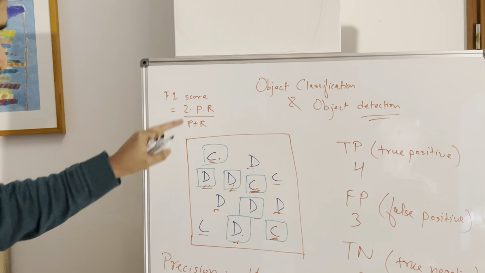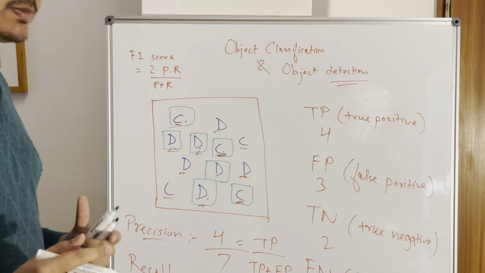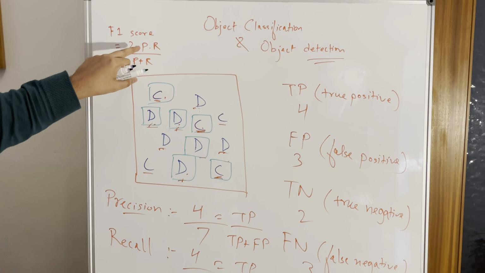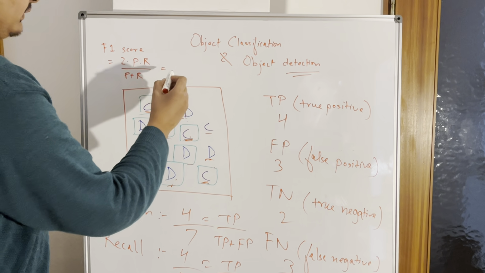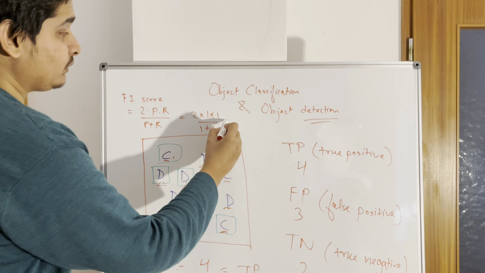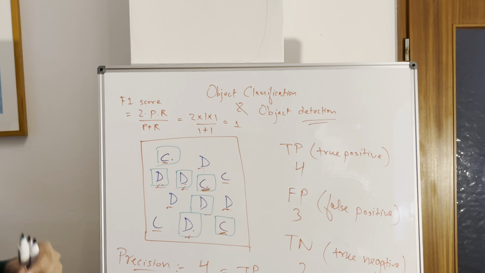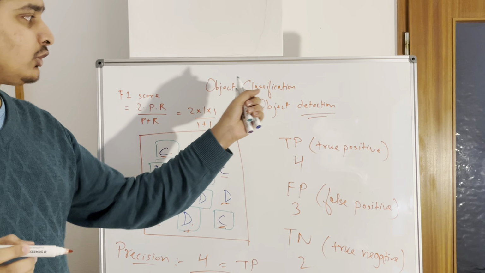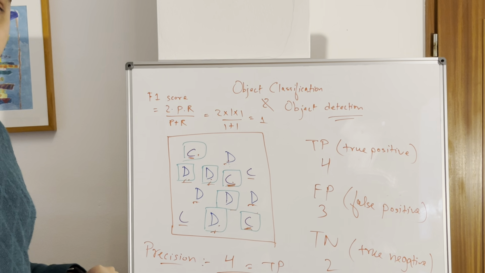It takes into account both precision and recall and gives us a unified metric for judging a model's performance. Suppose you have a perfect precision and a perfect recall. Then what will be the value of this F1 score? 2 into 1 into 1, divided by 1 plus 1. This is 1.